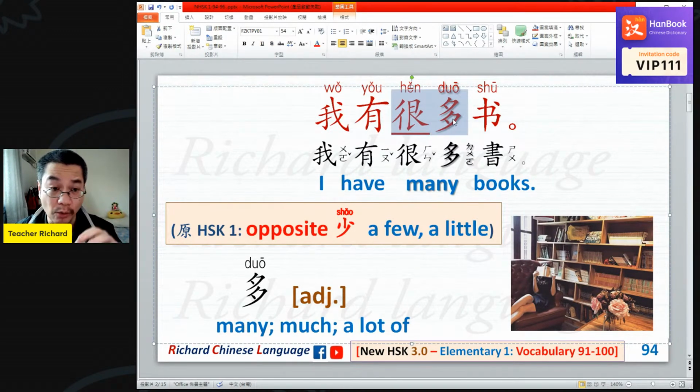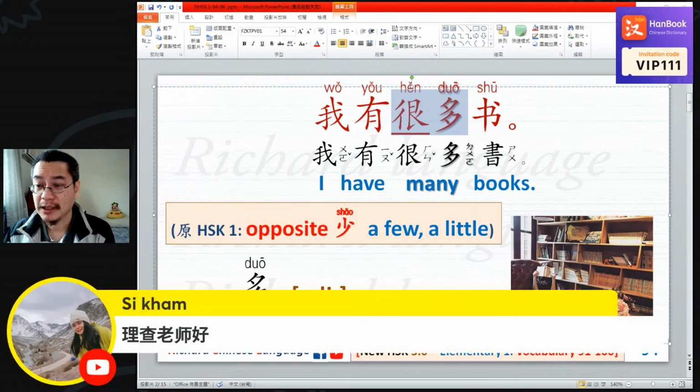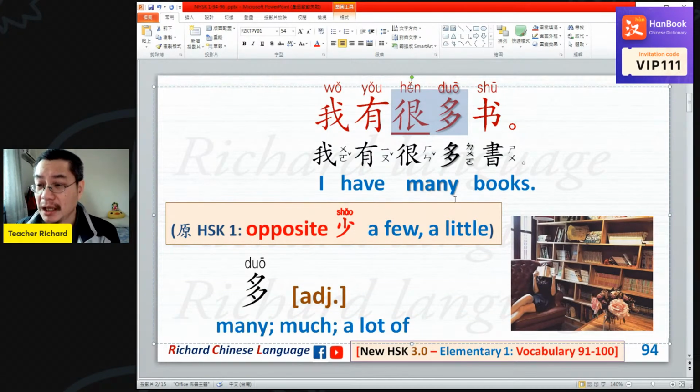So we say 很多 plus a noun. 很多笔, many pens. 很多手机, many cell phones. 很多电脑, many computers. So 很 is a necessary word to modify an adjective. So we say 我有很多书. Okay, I have many books.